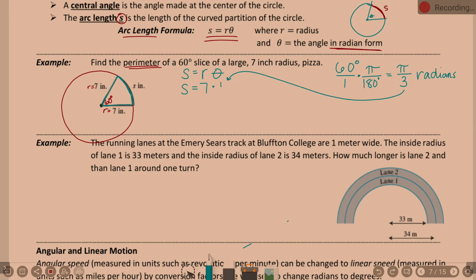My theta is going to be pi over 3, because by definition of the formula, it has to be in radian form. Okay, so find S. What would you say 7 times pi over 3 is? 7 pi over 3.